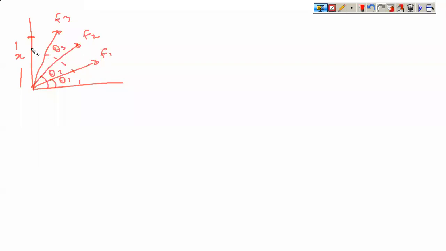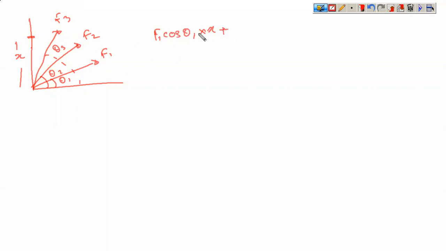F1 sin theta 1 lies on this axis. If the force is lying on this axis, that means the perpendicular distance is 0. Only the other component has a perpendicular distance. So if you resolve it, you have F1 cos theta 1 multiplied by x. So the sum of moments, whatever our statement is, we are writing it in mathematical form.